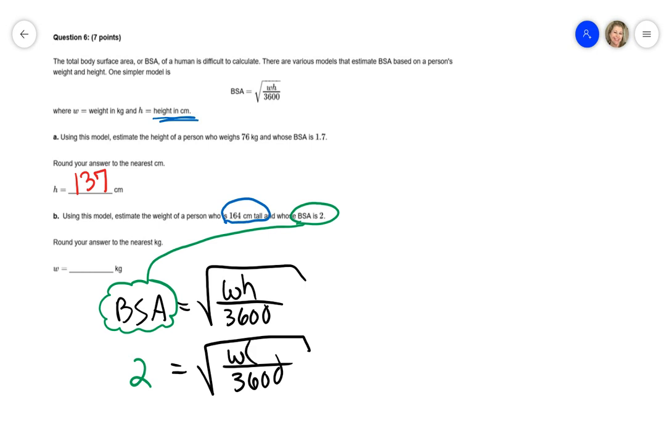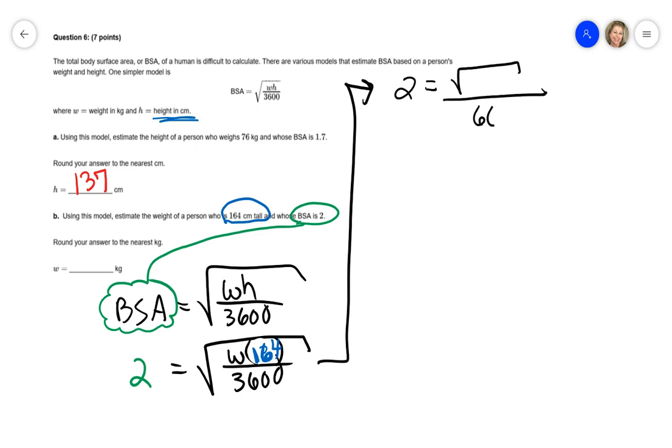So it's W times 164. There we go. All right, same thing as before. I can take the square root of the denominator, and that's going to be a 60 down here, and then my numerator will be 164W. That looks more algebraically pleasing to the eye.